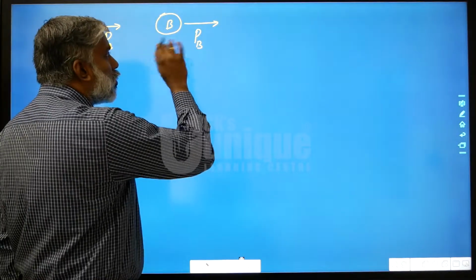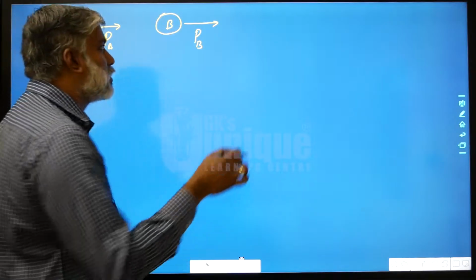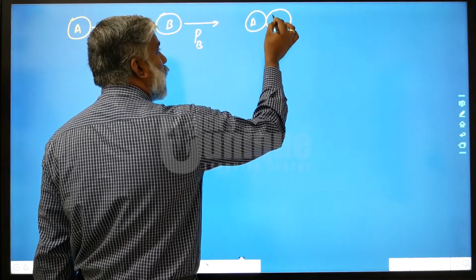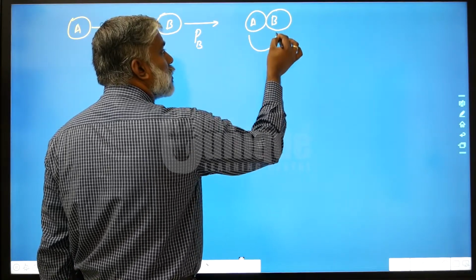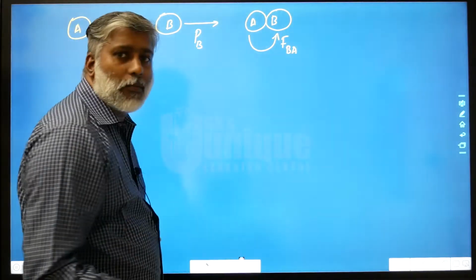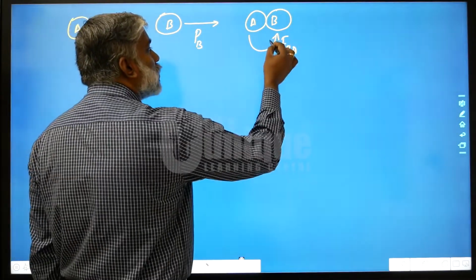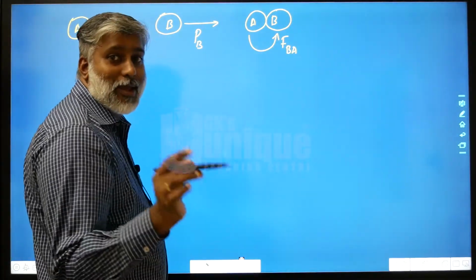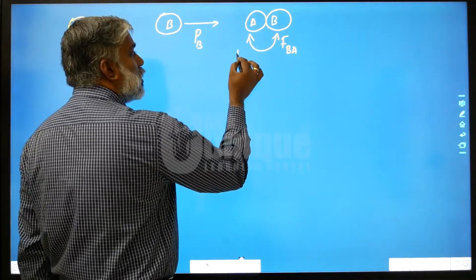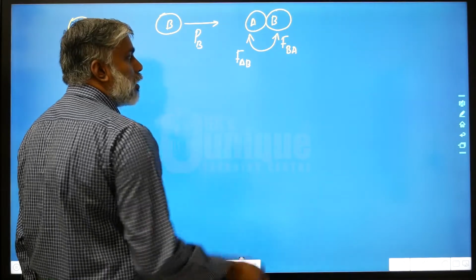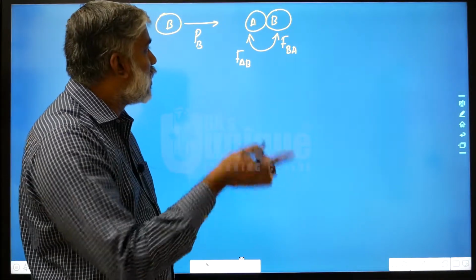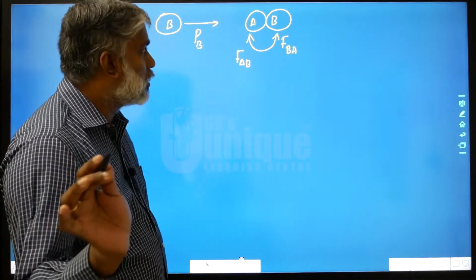Then they collide against each other. A will exert a force on B. I name the force as FBA, the force on B due to A. Then by Newton's third law, B will exert an equal force in the opposite direction on A. It is called FAB.